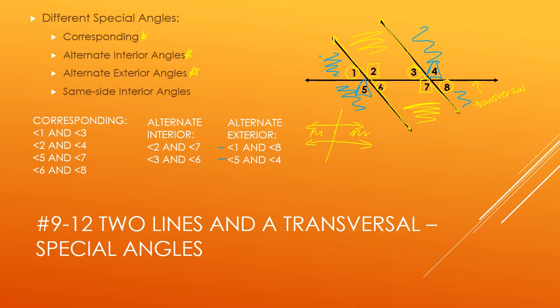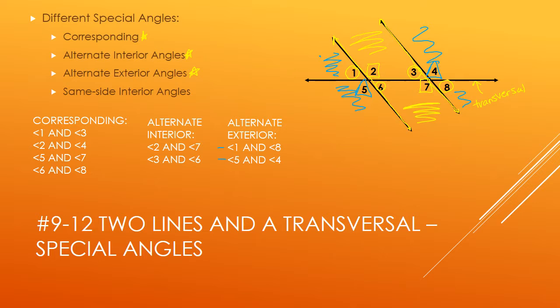Okay, the last set of angles that we're going to be looking at is called the same side interior angles. So we're going back to the yellow portion that we were looking at, and we're looking at the interior.